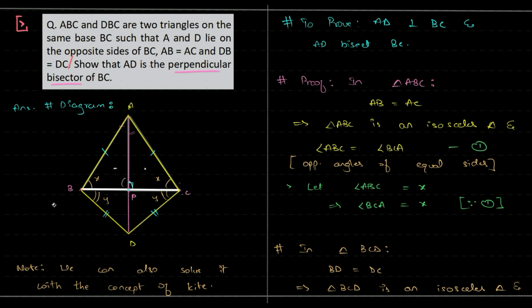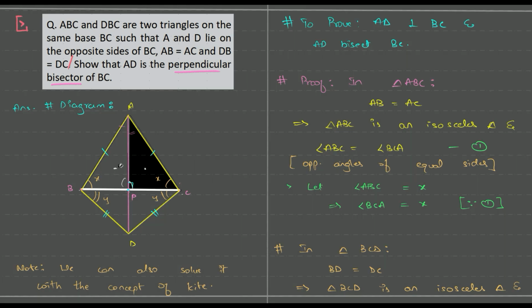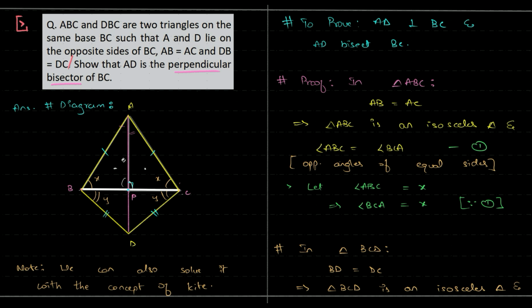So very first thing is, we have to consider first triangle ABP, I'll explain it slowly. And another triangle is your APC. So you can clearly see that these two triangles are congruent.